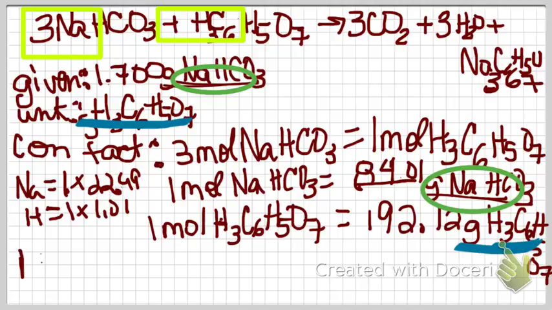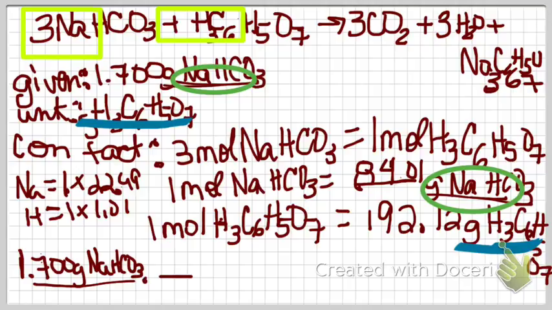So for every 1.700 grams of sodium bicarbonate, I'm just going to continue this on. Since I have grams of sodium bicarbonate on top, I know this right here is my first conversion factor.